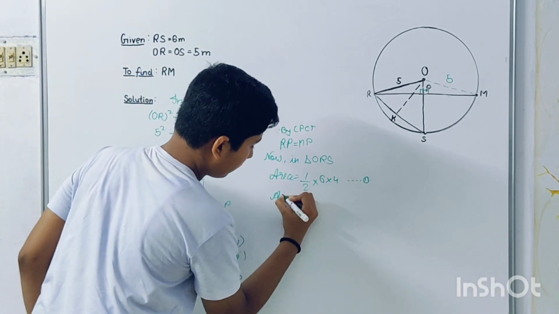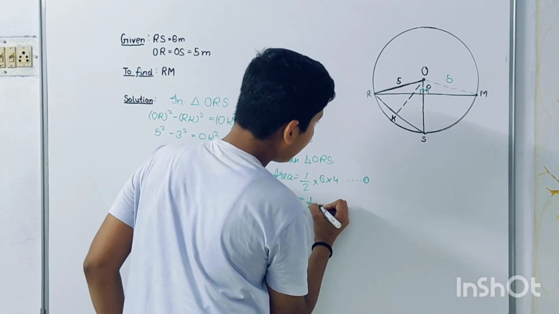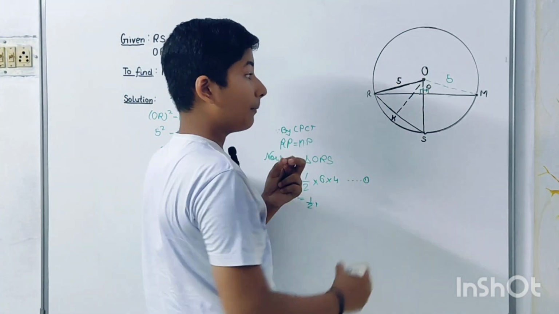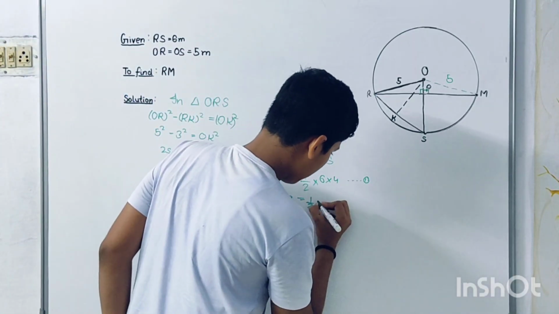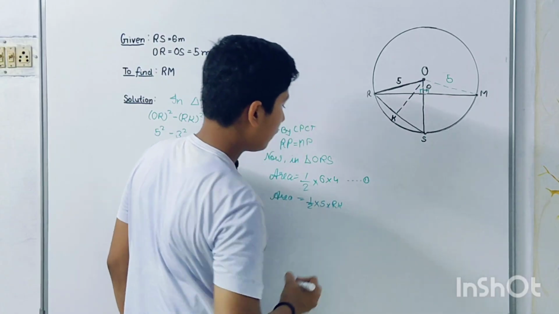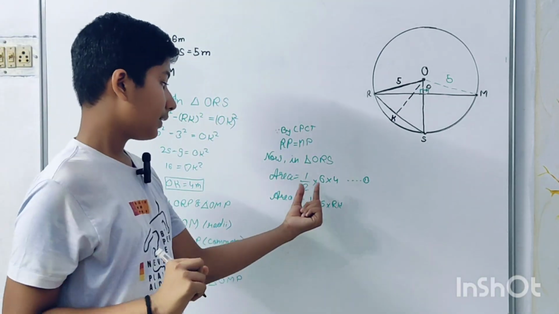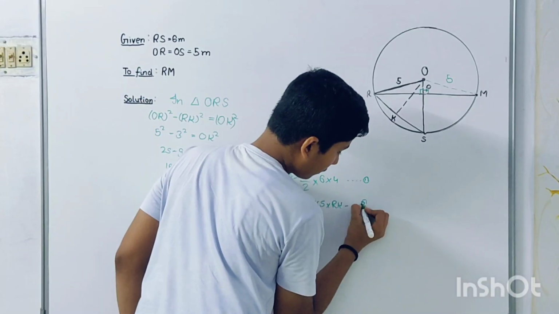Another area equals half into base, and the base will be OS, and OS is 5, into RK. So now this is 1, this is 2.